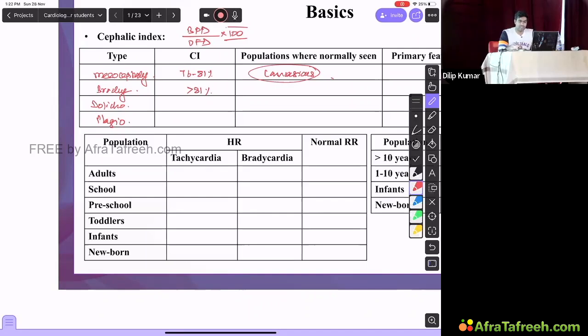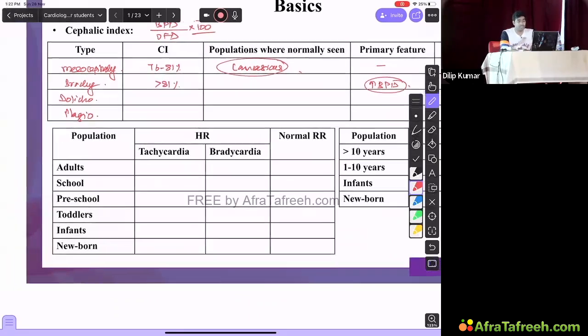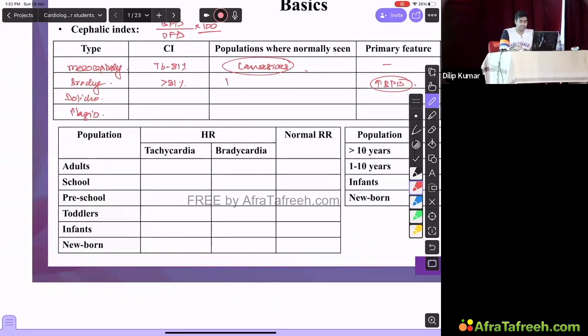The primary feature here is increased biparietal diameter, which means the width of the skull is a little more. In which population will you normally see this? Indians, Native Americans. We're not talking about the current Americans who migrated from Europe, but the Native Americans. Then Malaysian people, Malays, Burmese, in the Malaysia-Burma belt. We can call it Southeastern Asia, isn't it? All these people generally tend to have brachycephaly.